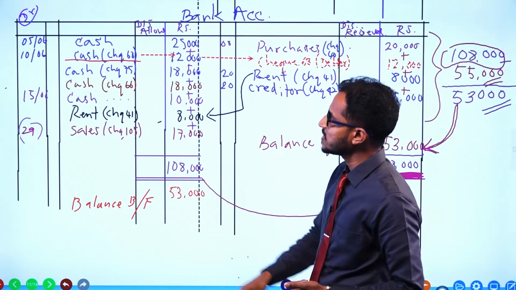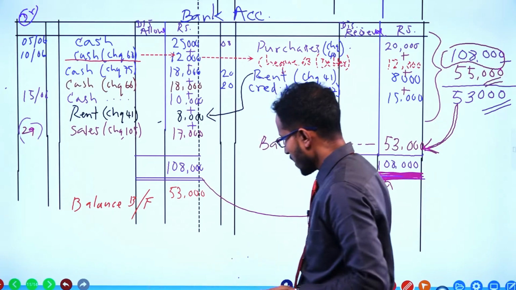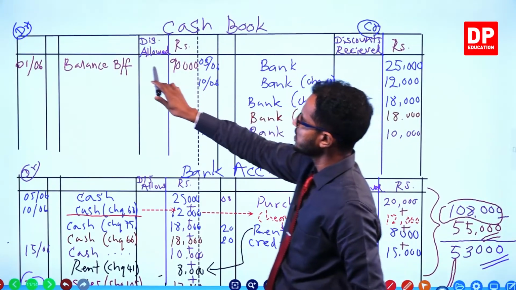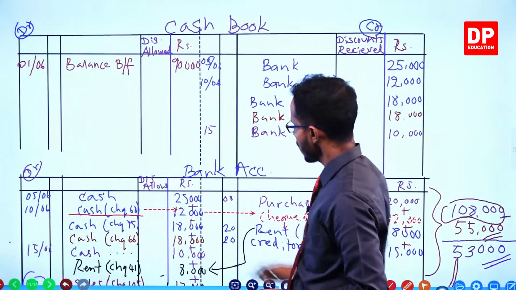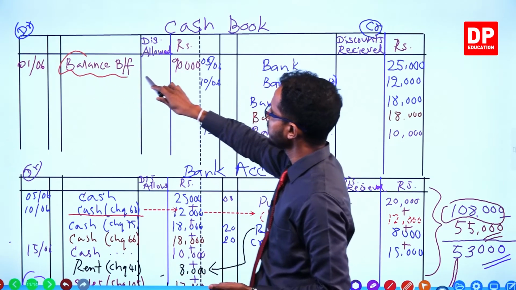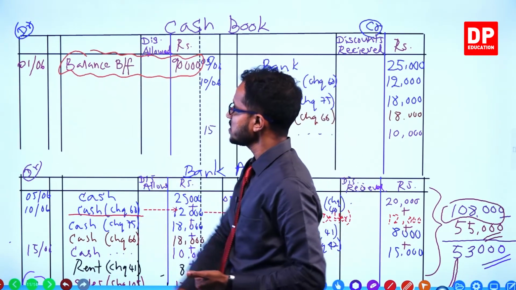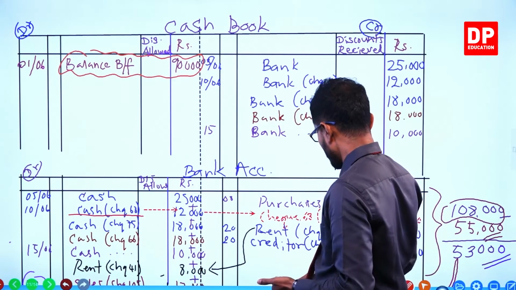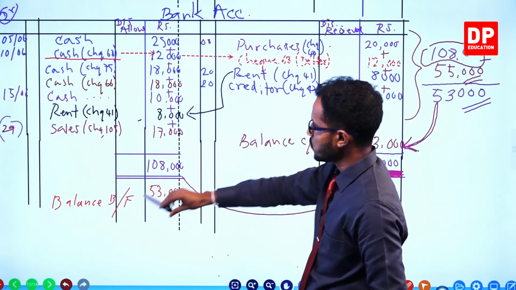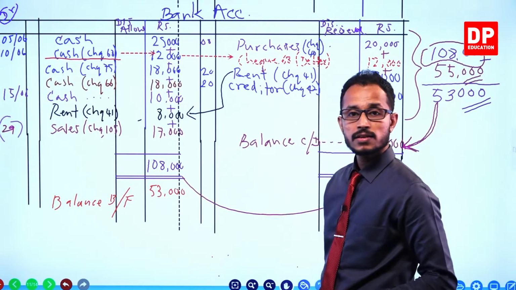Just like there was a balance in the cash book. To begin with, just like this. Now we have a balance in the bank book for the next accounting period. It's 53,000.